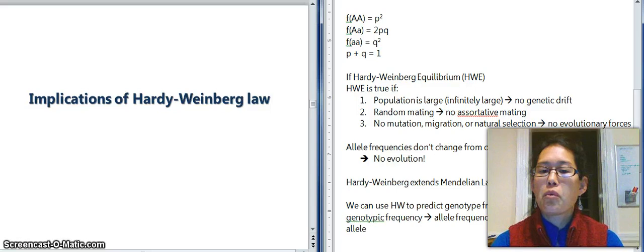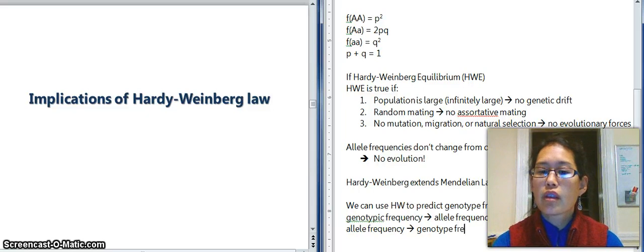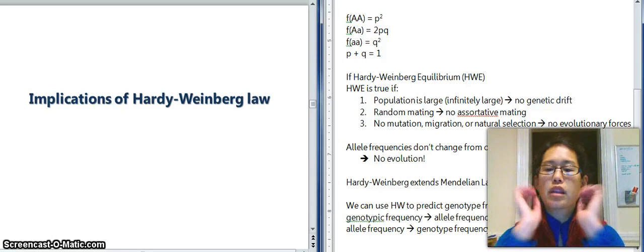But we can only go from allele frequency and use that to calculate genotype frequency if we're in Hardy-Weinberg equilibrium.